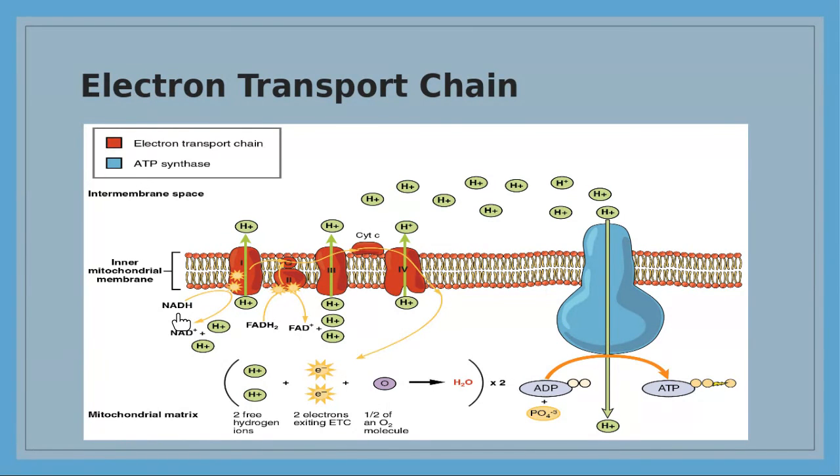So they're donating those electrons, and those electrons basically help these proteins that are a part of the electron transport chain smuggle these protons or pump the protons into the inner membrane space. So we're cheating at active transport. So we're going from a low concentration down here and we're pumping up into a high concentration.